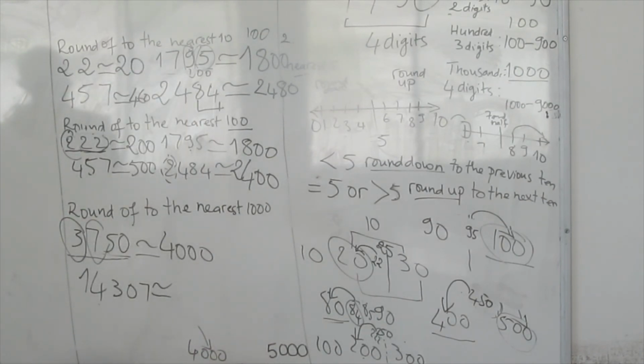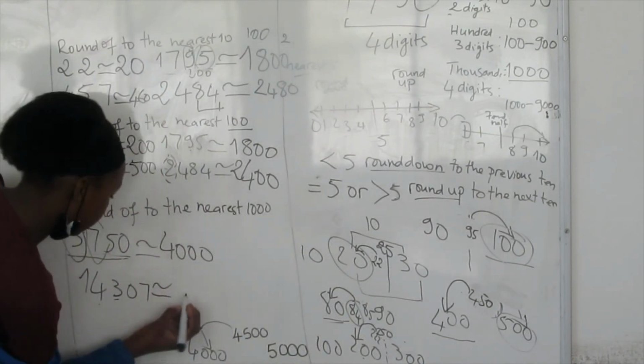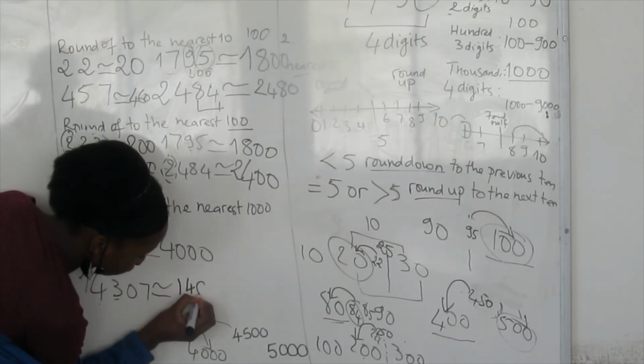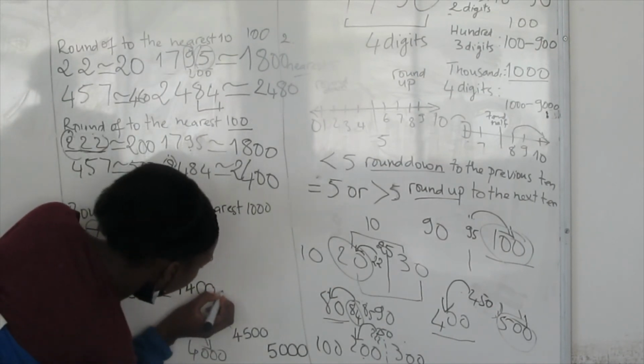The interval is 14,000 and 15,000. 14,307 is less than the middle, so you will go down to 14,000.